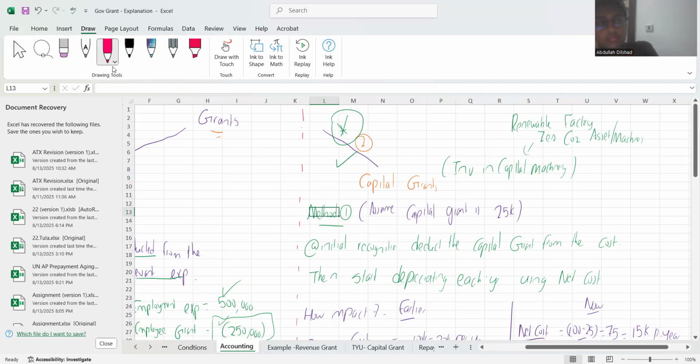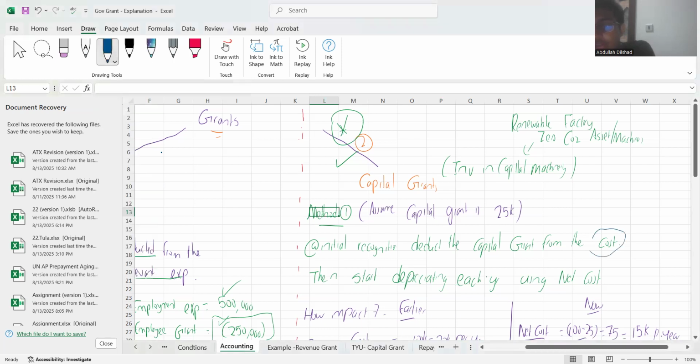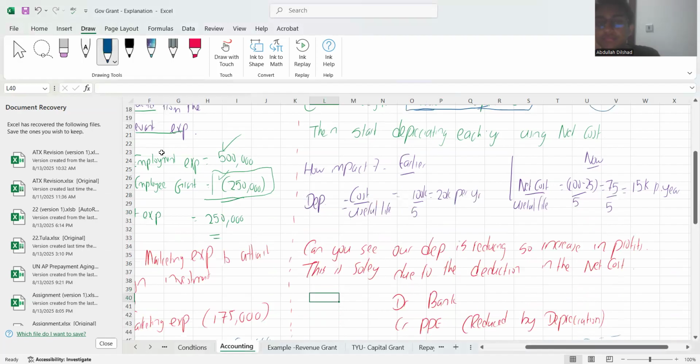So let me change the pen as well. Okay. Your method one, what you will do is you have the initial cost of the asset, right? From that cost, what you'll do is you will go and deduct the capital grant. So I'll show you how and what will be the financial impact.